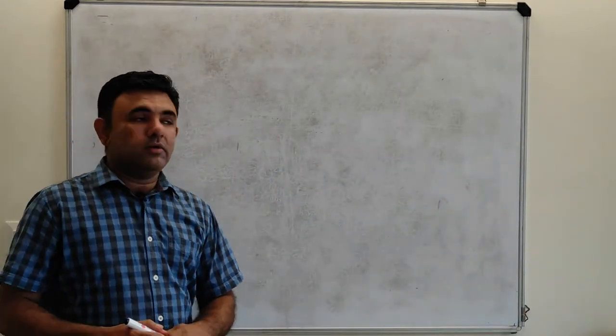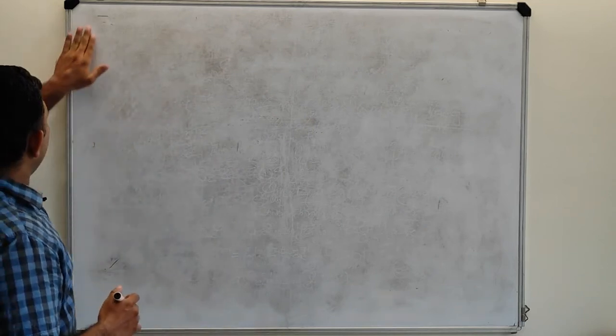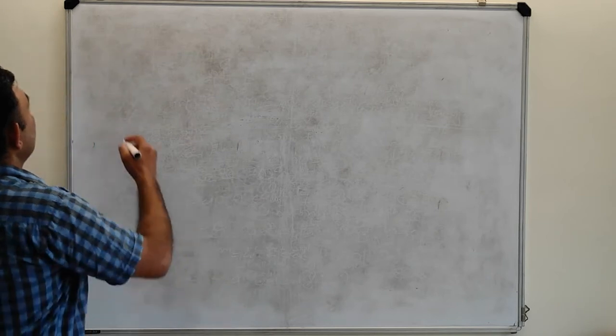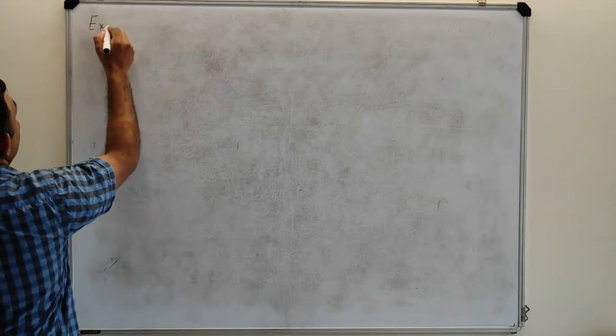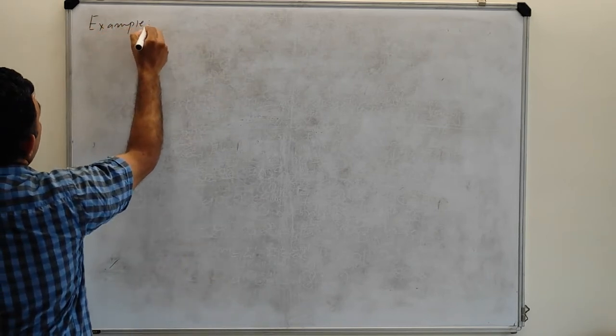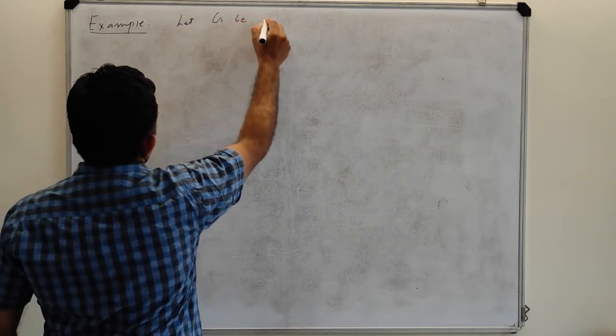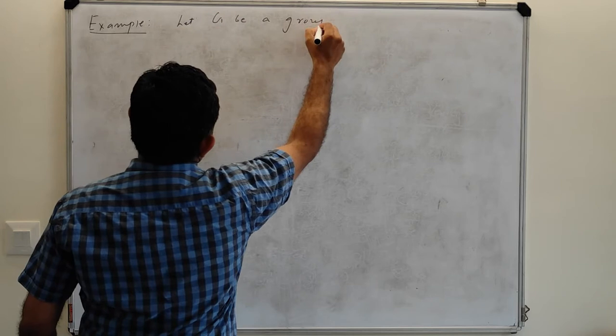Now let us prove one more property, or let us put this property in terms of an example. Let G be a group.